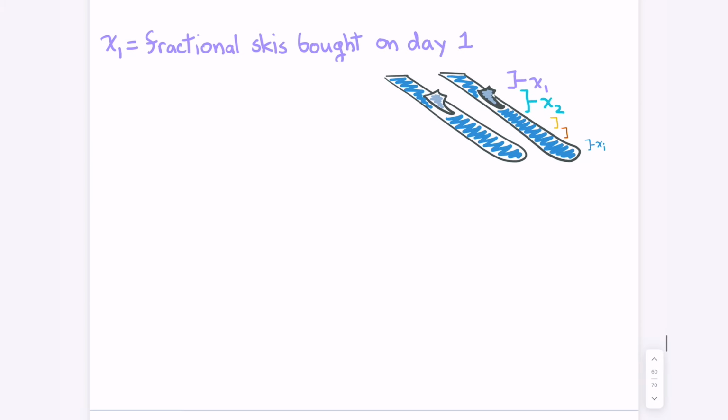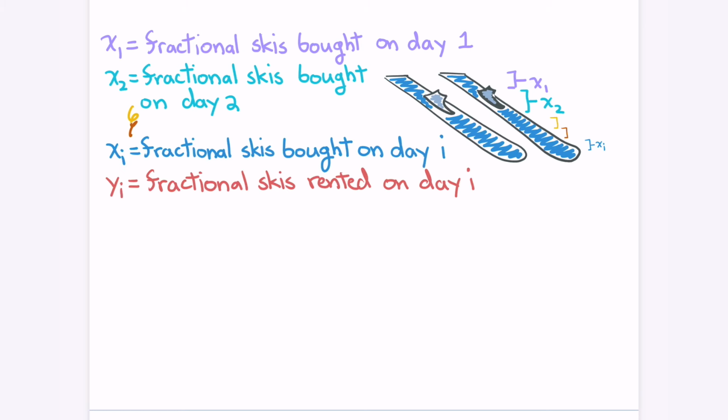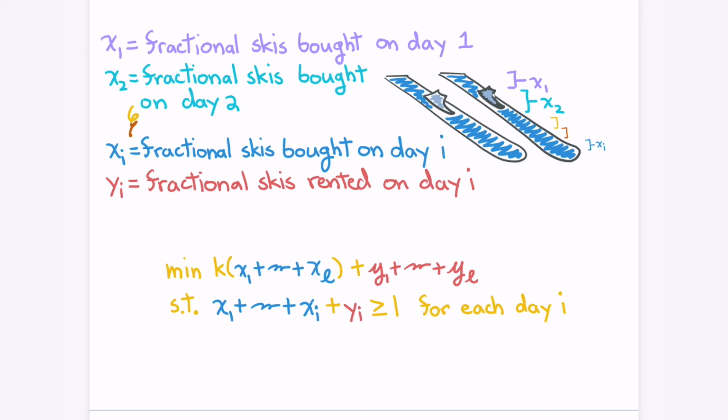Okay, so formally, I'm going to let x1 denote the fraction of skis I buy on day one, x2 the fraction of skis on day two, and so forth. And that means that on every single day, I need to make sure that the total amount I bought up through that day, plus I'll pay the remainder to rent, is at least 1.